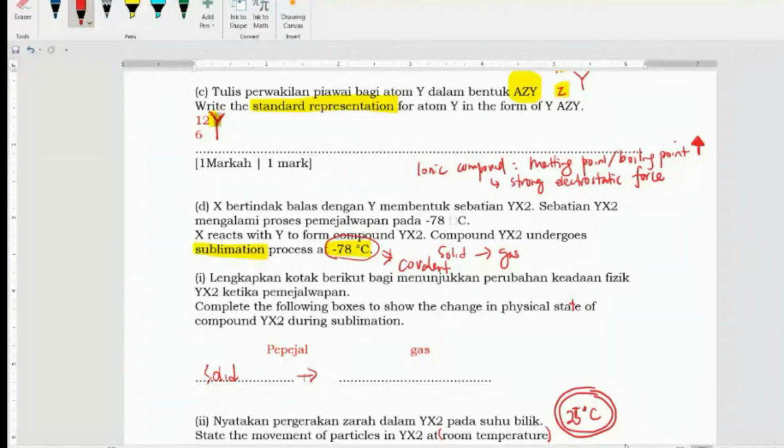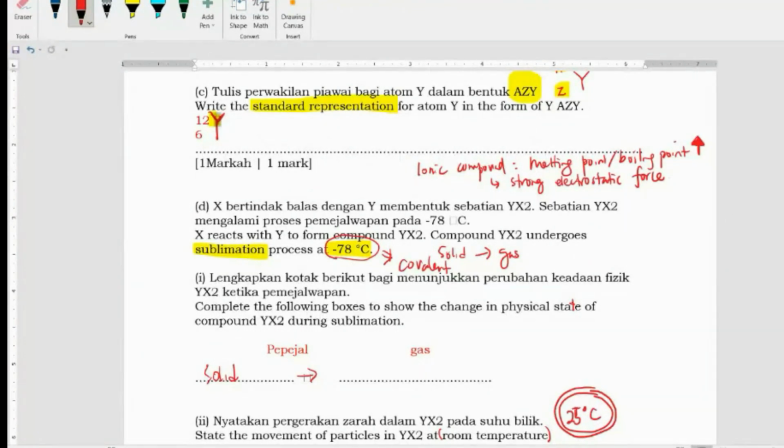Yang lain, apakah physical state kalau dia suhu bilik sekarang? Okay, Matthias, what do you think? Apakah keadaan fizikal dia? Gas. Okay, is a gas, correct, is a gas.